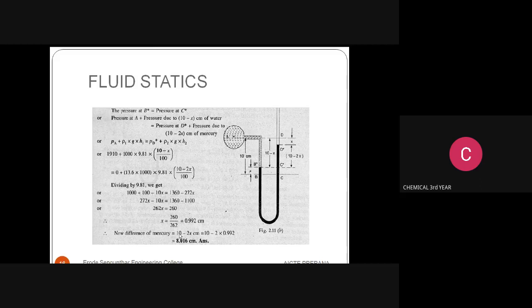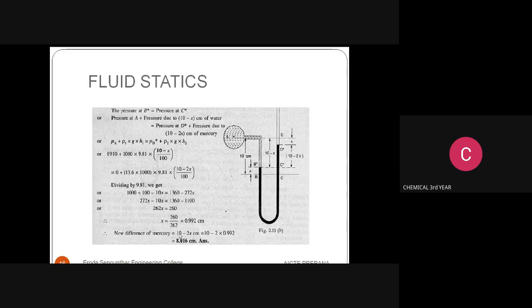So these are the problems related to Pascal's law and manometer-related pressure measurement problems. In this class, we have seen problems related to fluid statics. Mainly we have focused on Pascal's law and on pressure estimation and force estimation problems.